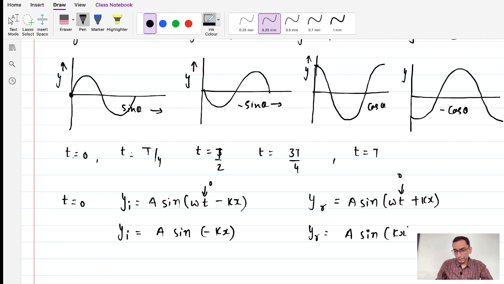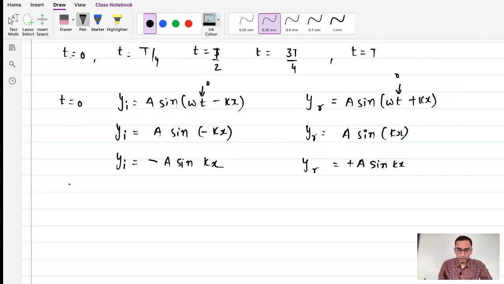We know that sine of minus theta is equal to minus sine theta. So the incident wave is minus a sine kx, and the reflected wave is equal to plus a sine kx.